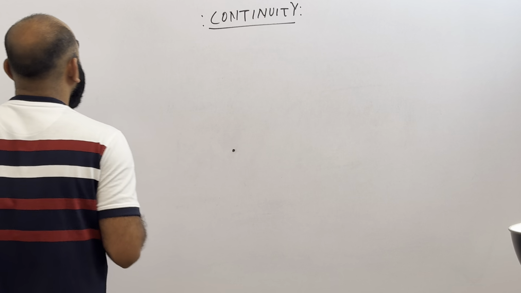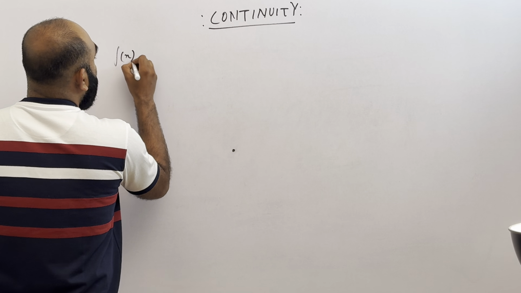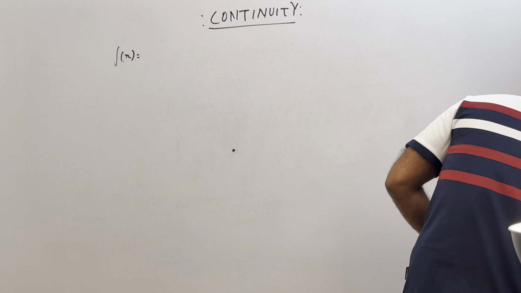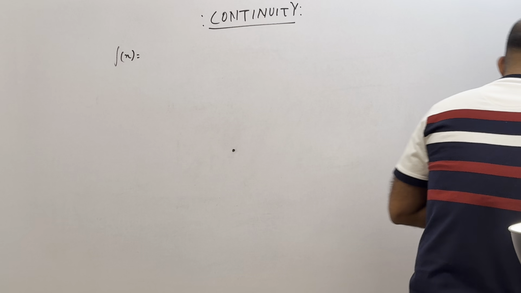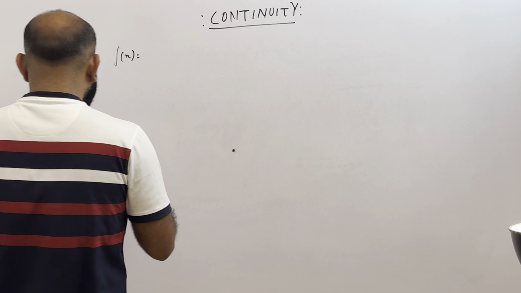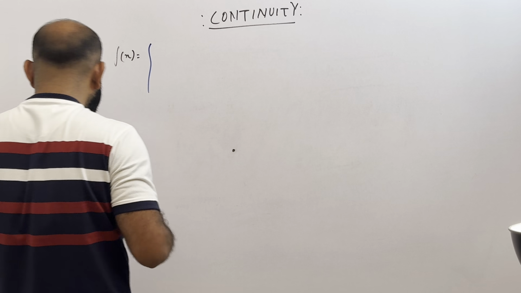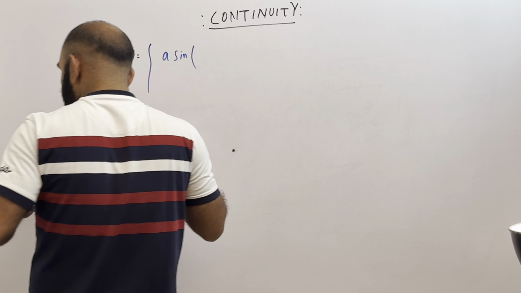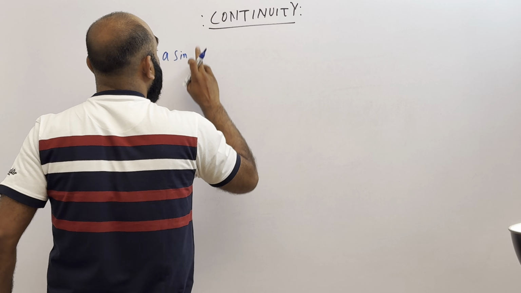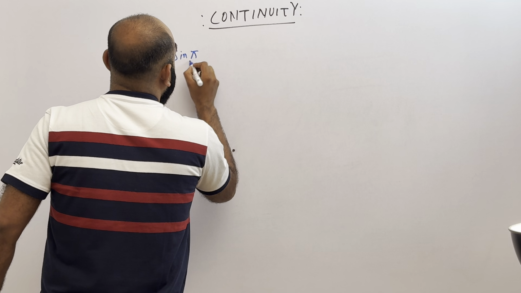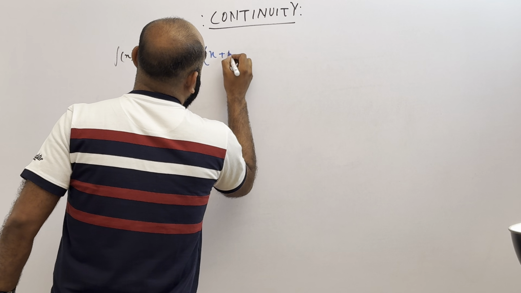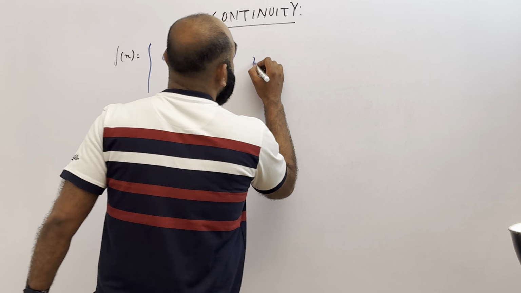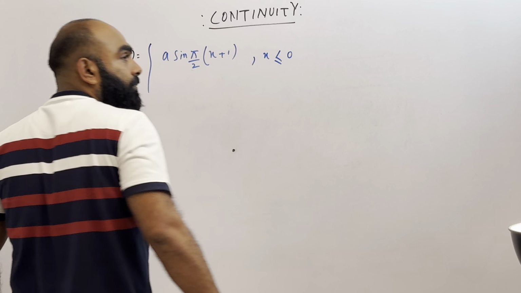Sir, one more question you have given. What was that question? Sir, f of x is equal to a sine pi by 2 into x plus 1, when x is less than or equal to 0.